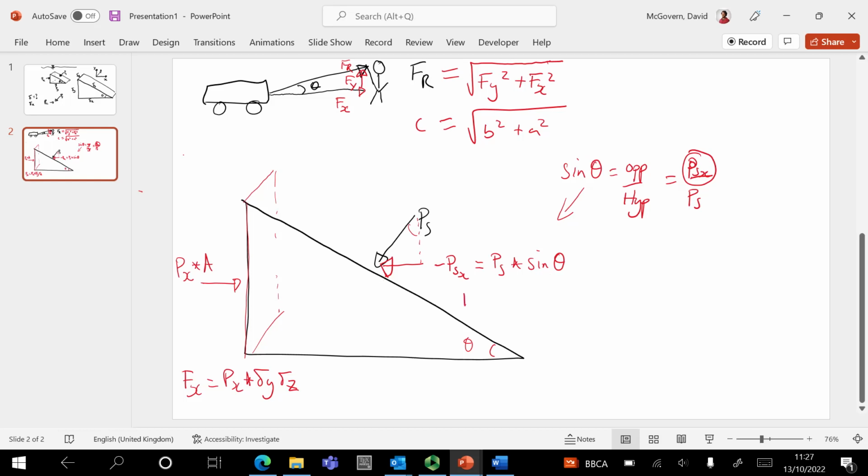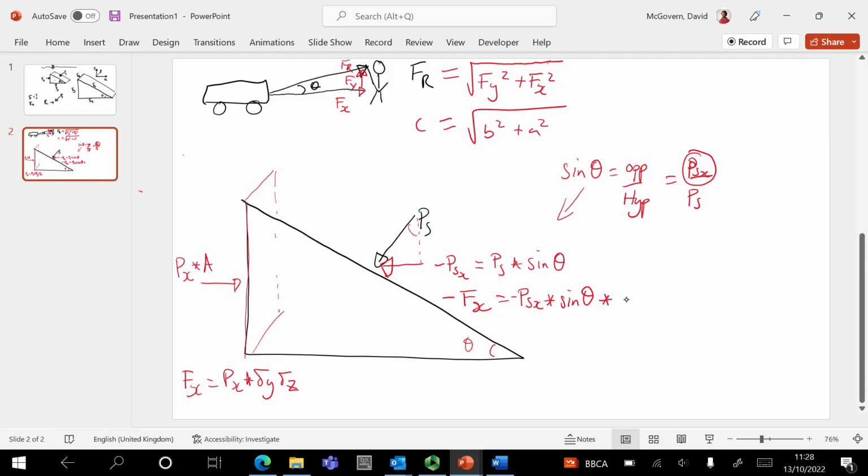So the force is going to be that pressure, so negative Fx equals negative PSX multiplied by the area, PSX multiplied by sine theta, so that's our pressure on the x direction.